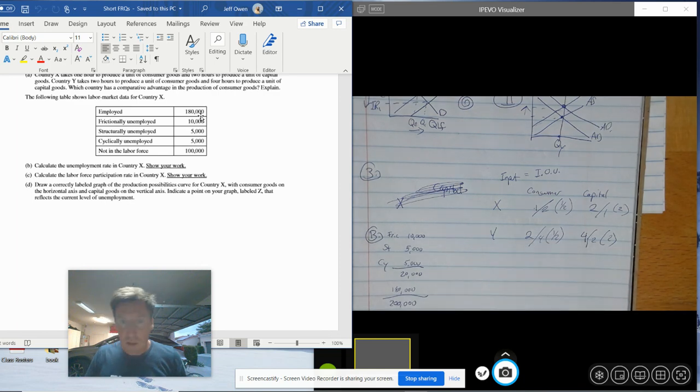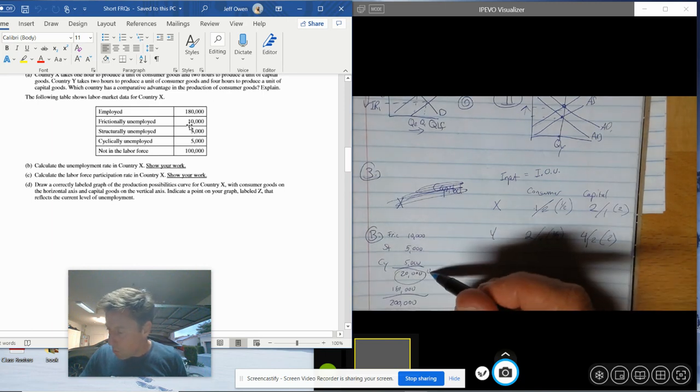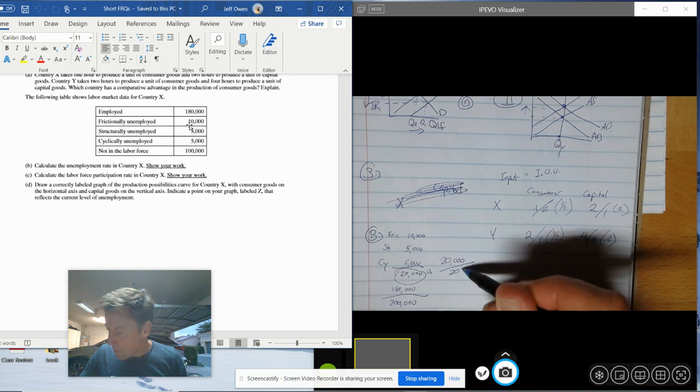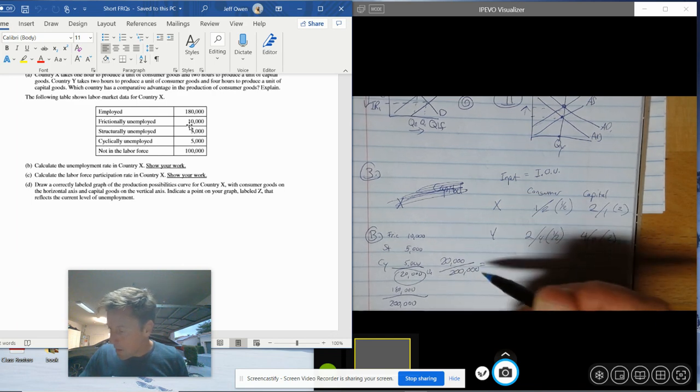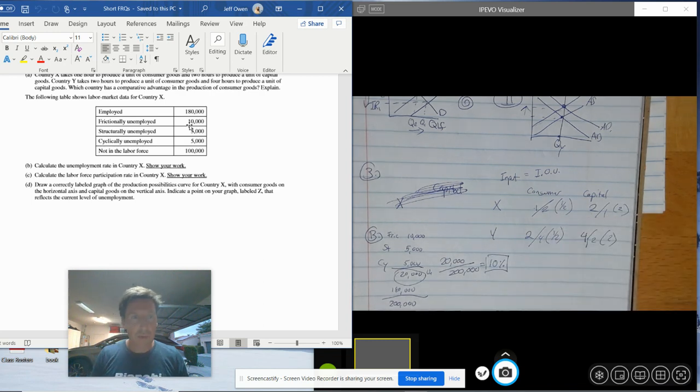So with B, I need to take my unemployed and divide it by my labor force. So these are my unemployed right here. So if I take 20,000 and I divide that by 200,000, I get my unemployment rate of 10% in my economy. Cool.